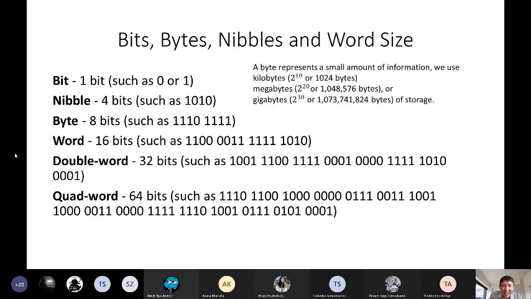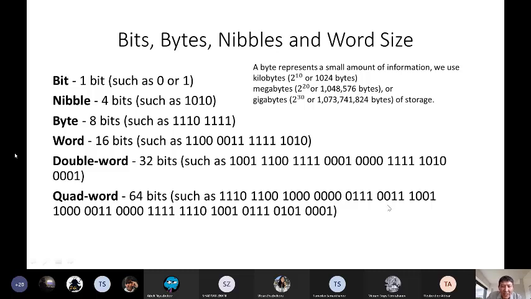Another thing you should know is that mostly we don't use bits, we use bytes. But 1 byte is a small piece of information, so we use kilobytes.